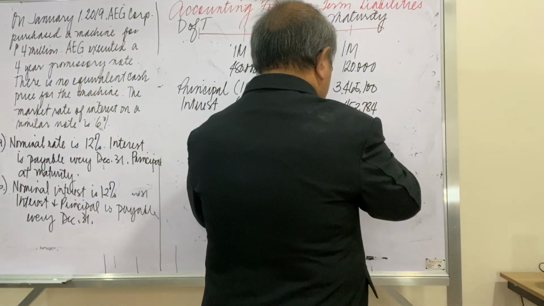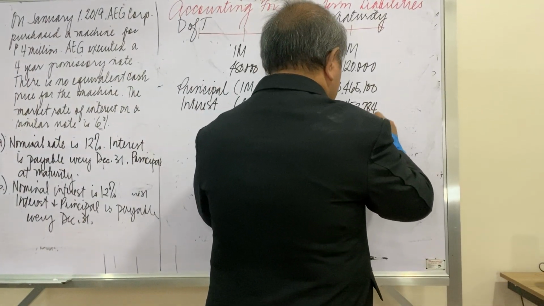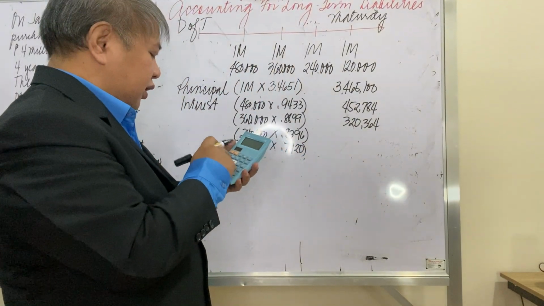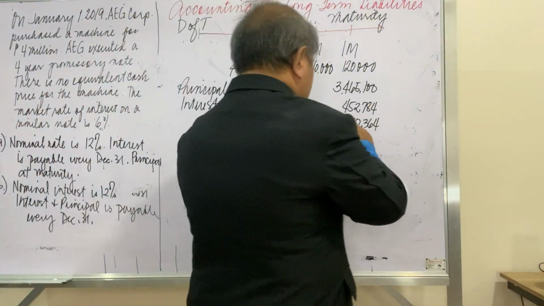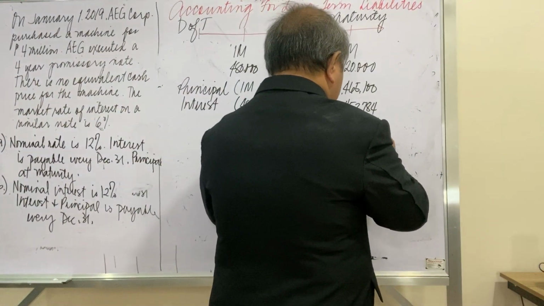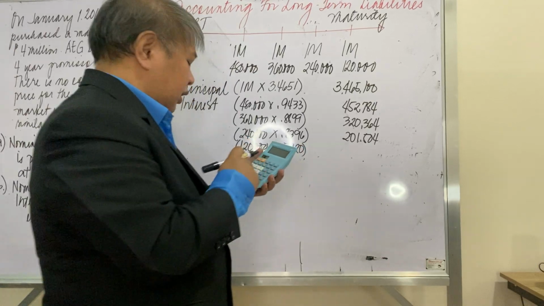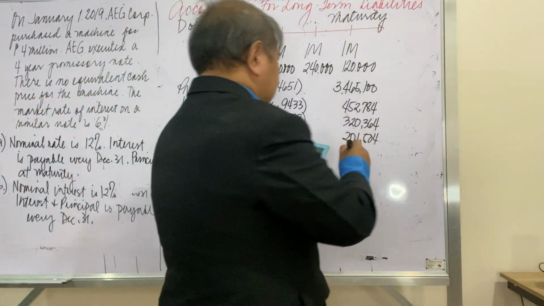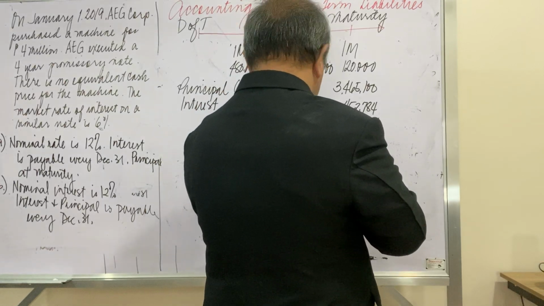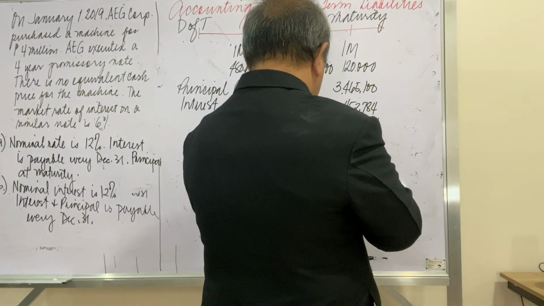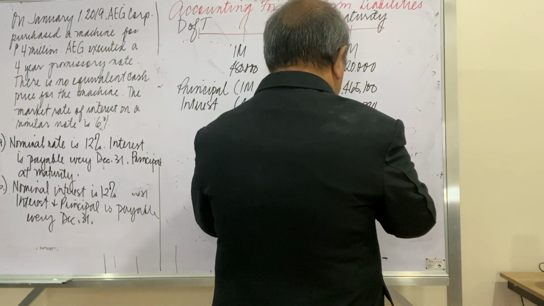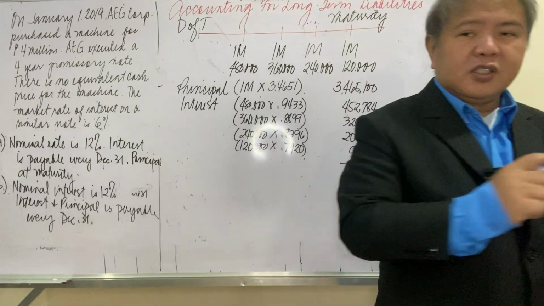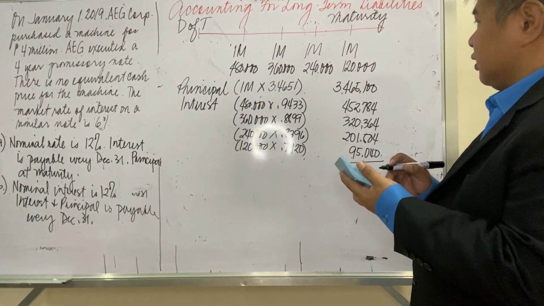That's 320,364, and then 240,000 times 0.8396. That's 201,504, and then 120,000 times 0.7920. That's 95,040.